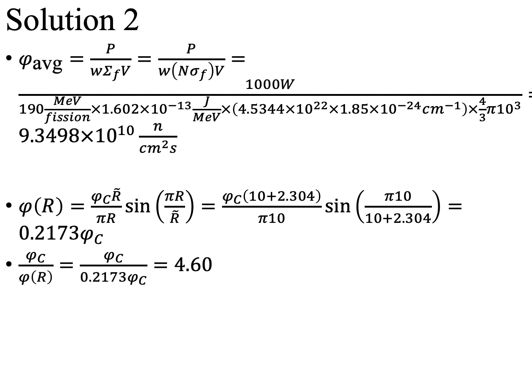Then times the volume of this device. When you calculate the volume, you need to use the physical radius. Here we have 4/3 pi r cubed, the equation for a sphere volume. Then the result will be your neutron flux. The unit will be neutrons per square centimeter per second.